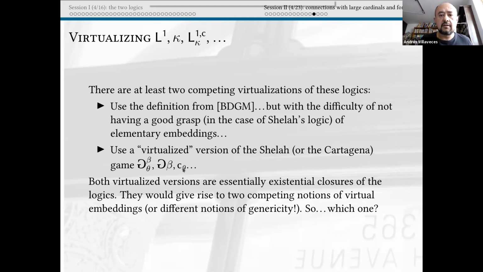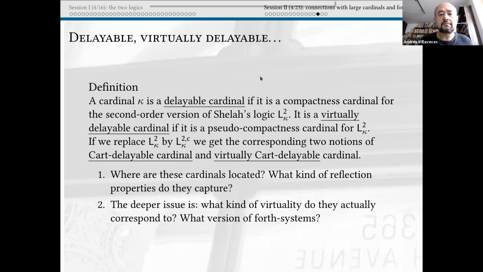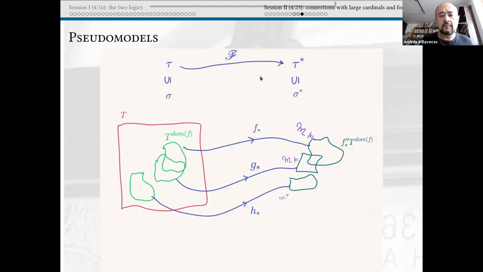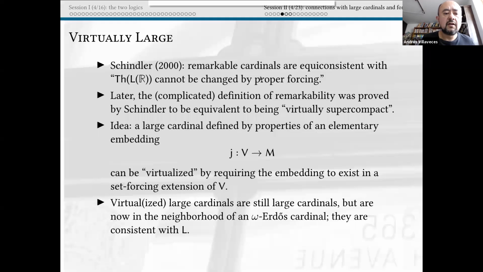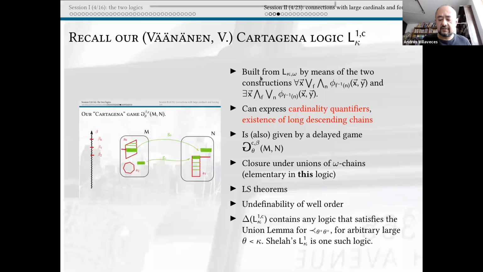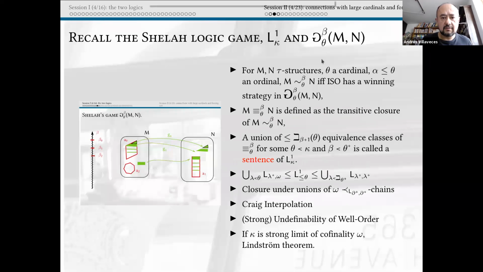So it's like you go to the original picture of the game that we had, like here, for instance. You look at this game, the Shelah game, or you can imagine playing exactly the same game, but putting all the red challenges, A0, A1, A2, and so on, on the left-hand side, and see what you get.